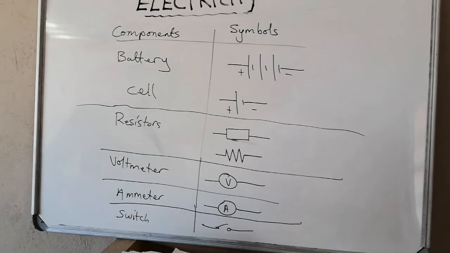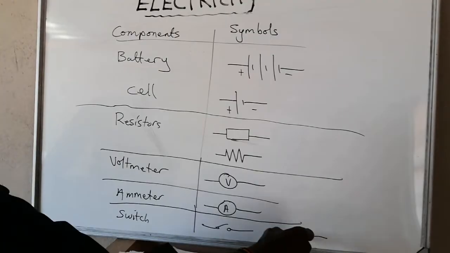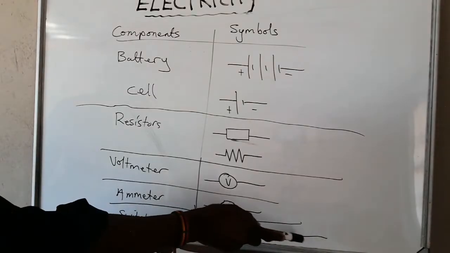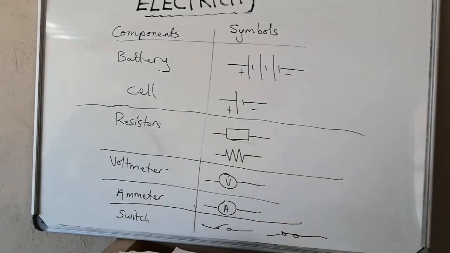So this is an open switch, it is off. Then a switch that is closed, to have something like that, that is a closed switch. So this one is off, this one is on. Electricity is passing through the switch, and in this one electricity is not passing through. So I think basically these are a few that we will come across, but there are many symbols. We'll leave that to those that are doing electrical or electronics engineering.